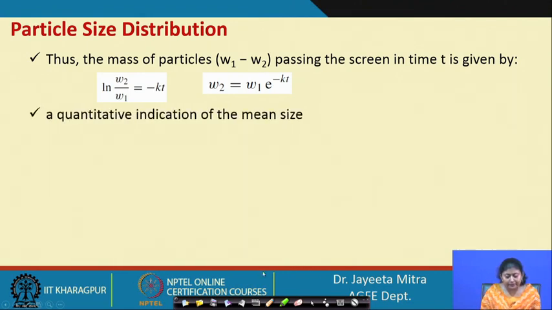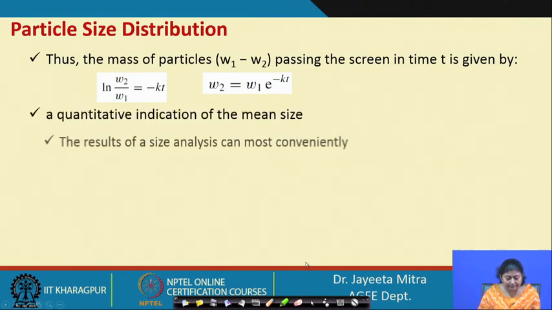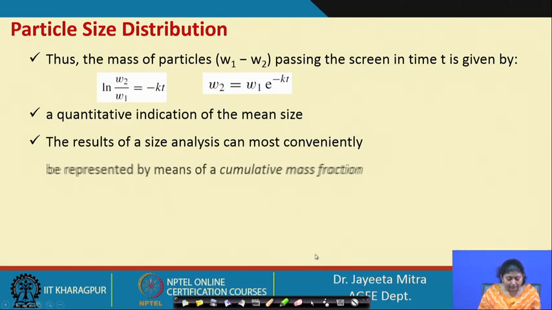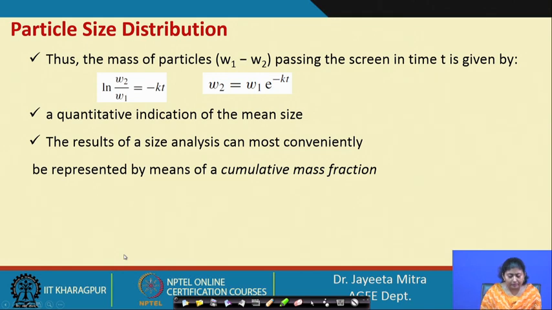Now, a quantitative indication of the mean size is important. Quantitative indication is in the sense of what the different fractions are and what the mean size is, I mean the size which is dominating in the fraction.